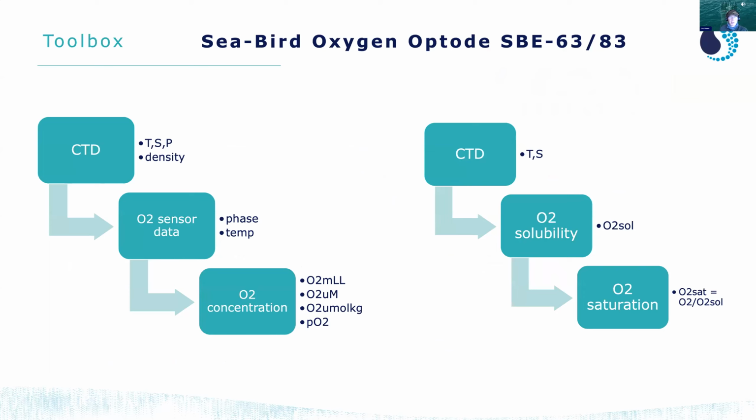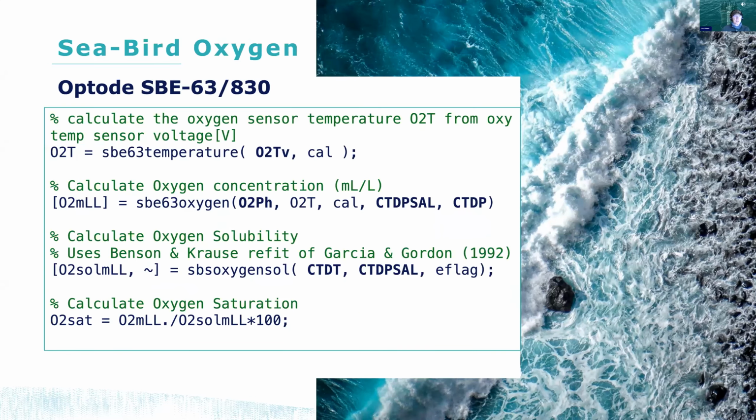And the code then produces oxygen in a number of different ways: in milliliters per liter, micromolar, micromoles per kilogram, or the partial pressure of oxygen. Further, we can take the same CTD data and come up with an oxygen solubility, which is independent of the measurement, but that's how we get oxygen saturation. We take the oxygen value and divide by its solubility, of course, using the same units.